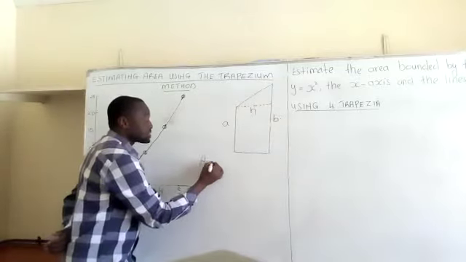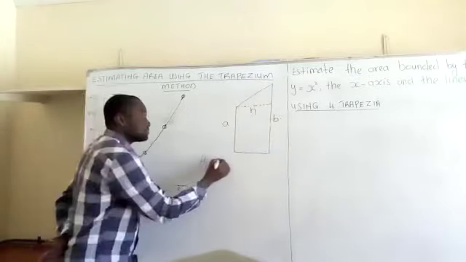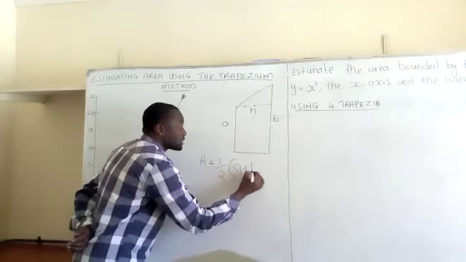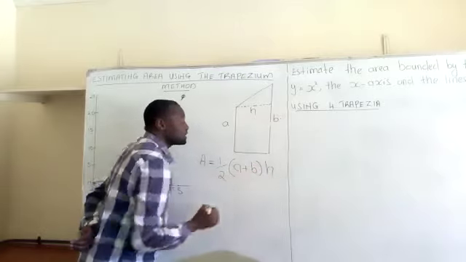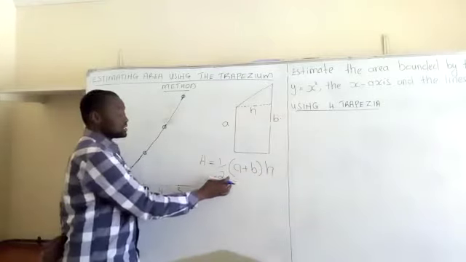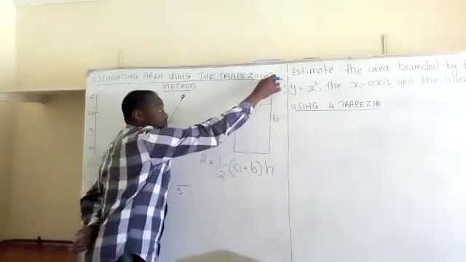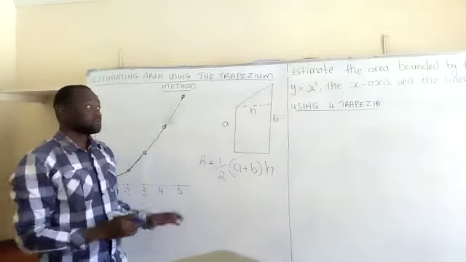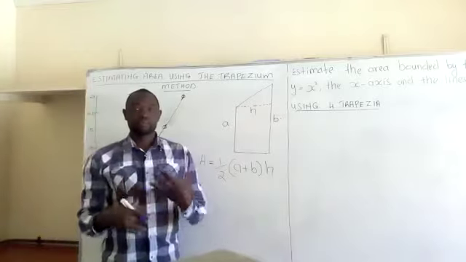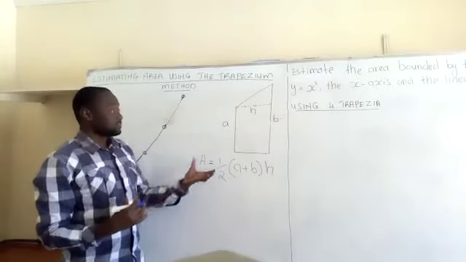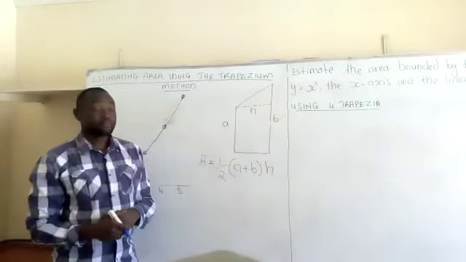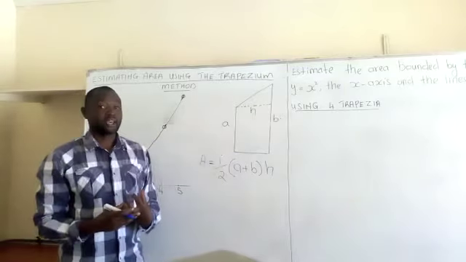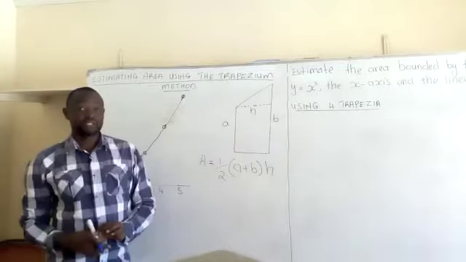And the area of a trapezium is given by a half, the sum of the two parallel sides multiplied by the height. So this is a half (A plus B), then we multiply that by the height. We'll be looking at the trapezium method by focusing on an example here, where we'll see how we can calculate the area using the trapezium method.